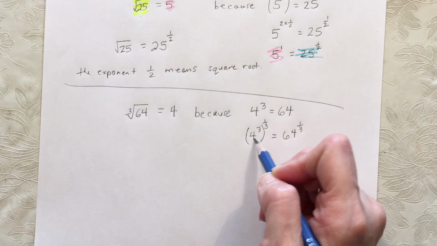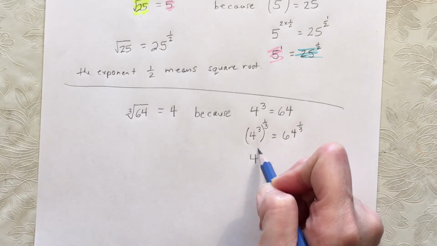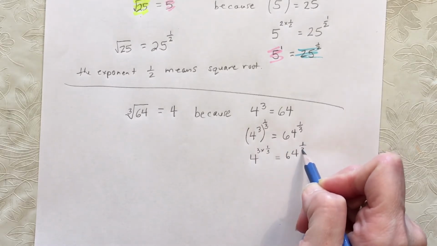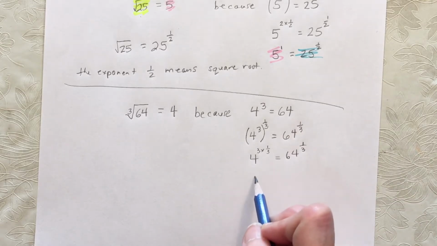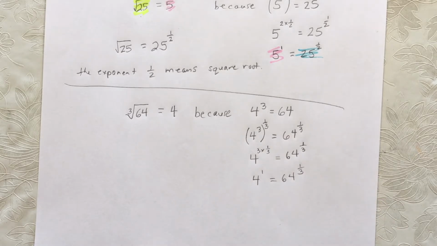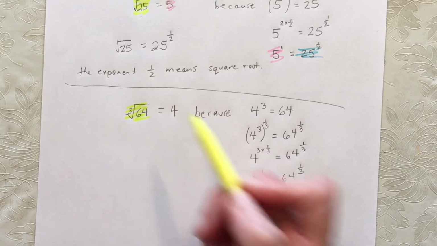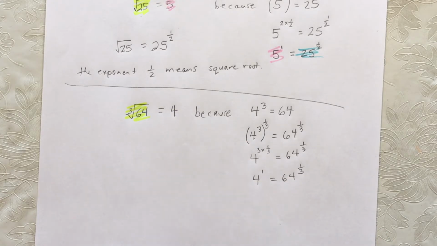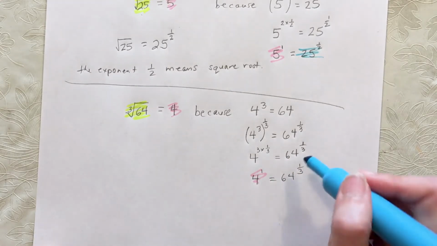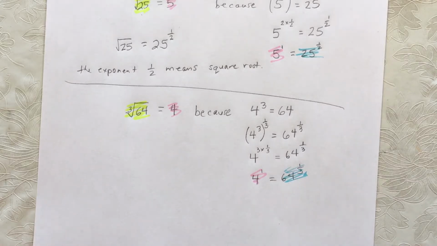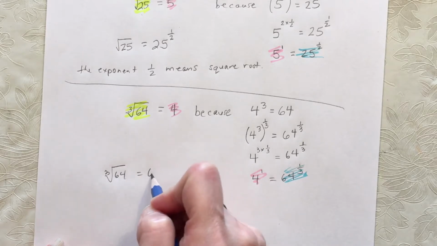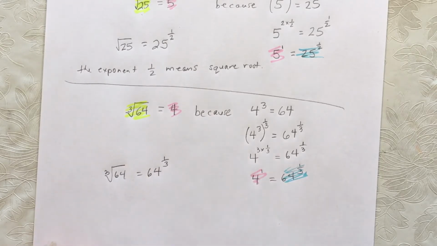Doing the power to an exponent, I keep the base of 4 and multiply the exponents, 3 times 1/3, which is 1. Again, the third root of 64 is equal to 4, but 4 is also equal to 64 to the power of 1/3. So the third root of 64 is equal to 64 to the power of 1/3.